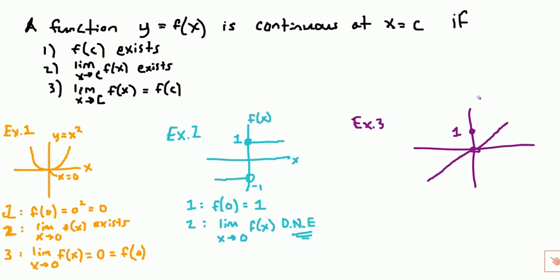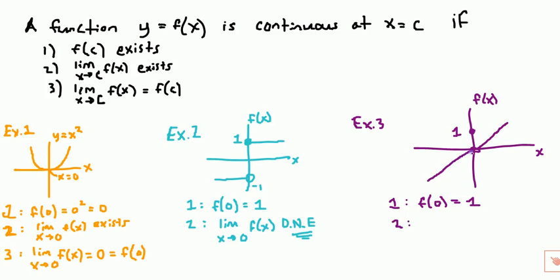Okay? So this is f of x. Let's check the conditions. Well, f of 0 is 1, just like I told you. How about the limit as x approaches 0? Well, from the left, as we come in, we get closer and closer to 0.